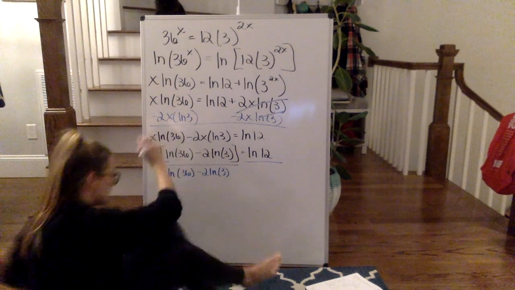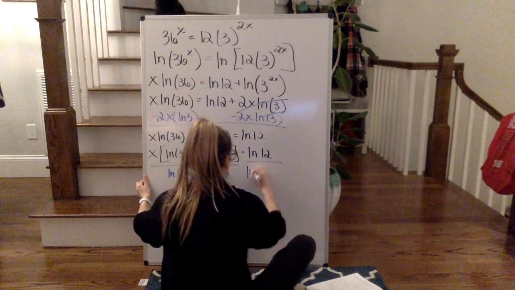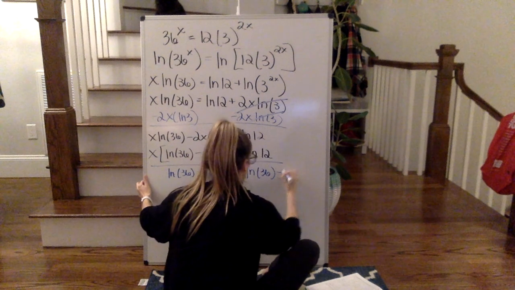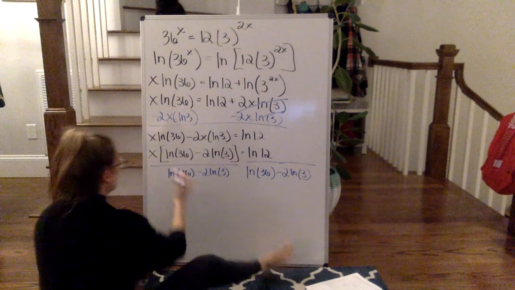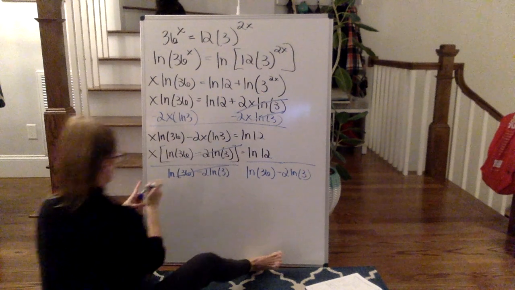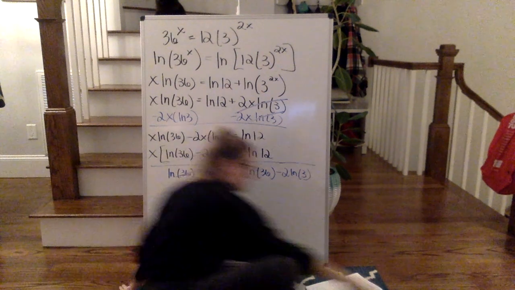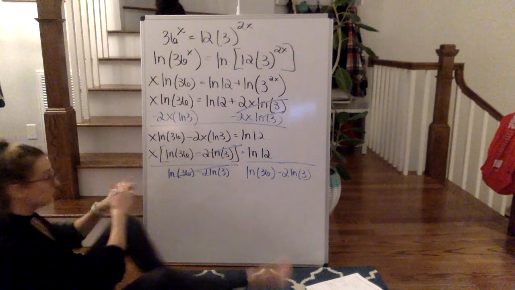I'm going to divide the right-hand side by the same thing. These will cancel. And so now the x is all by itself, which is what we want to happen.